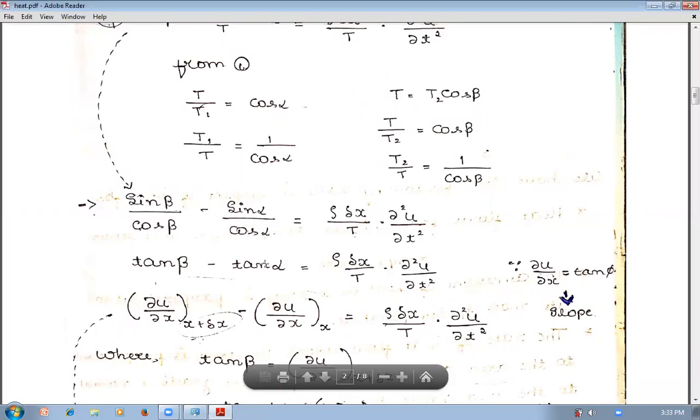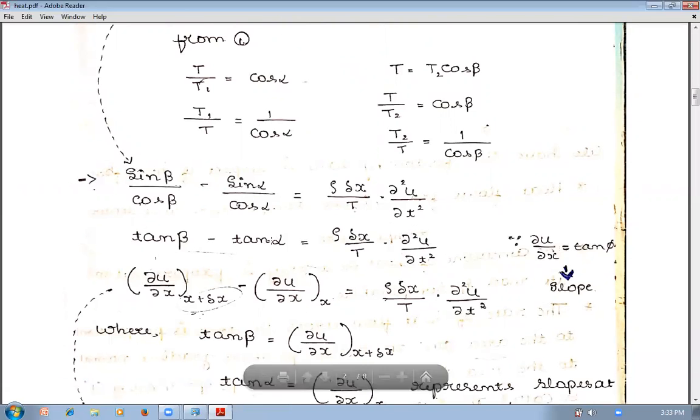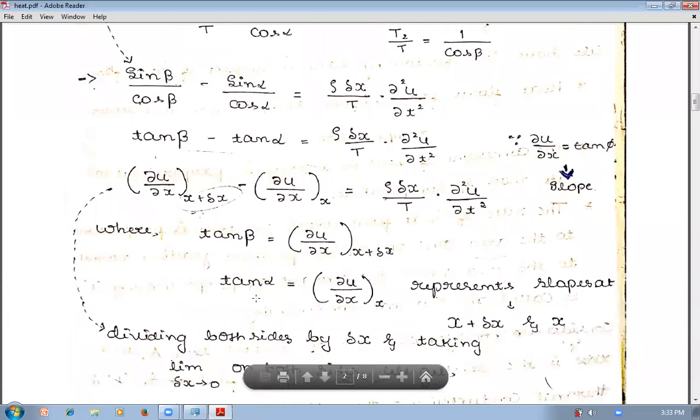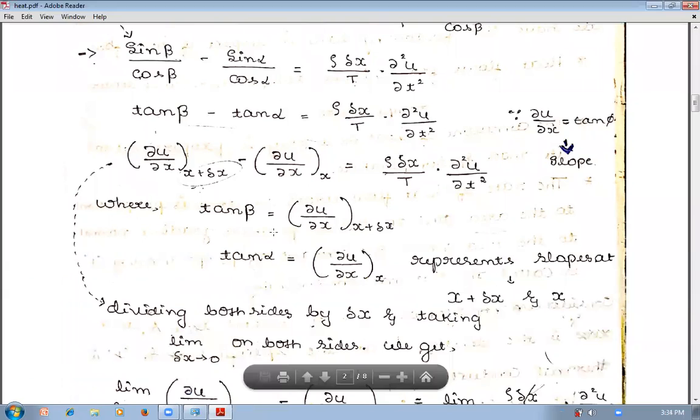So tan alpha = ∂u/∂x at the point x, and tan beta = ∂u/∂x at the point x plus delta x. Substitute tan alpha and tan beta here. These two represent slopes at the points x plus delta x and x.